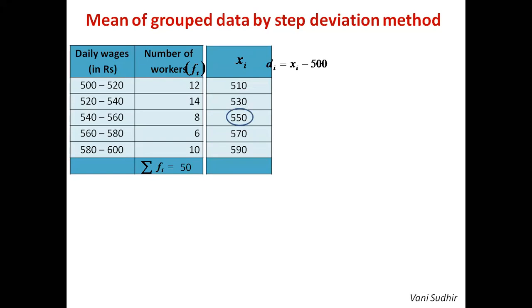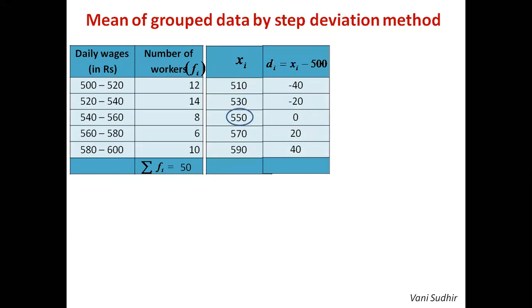Now we need to find the deviations di's, which are the differences between each of the xi and 550. Further, the calculations can be reduced by dividing each deviation di by a common factor h. In general, h can be the class size, that is h equal to 20.